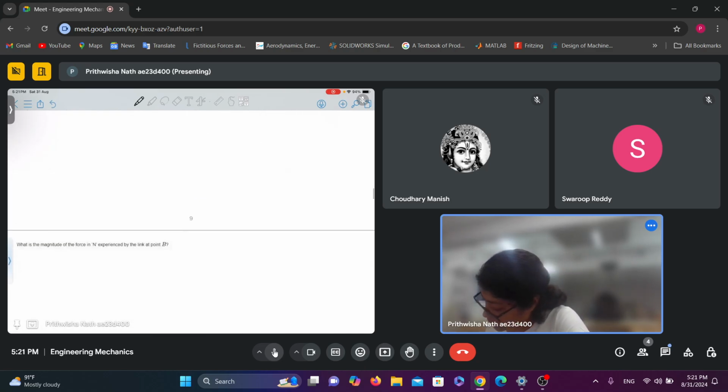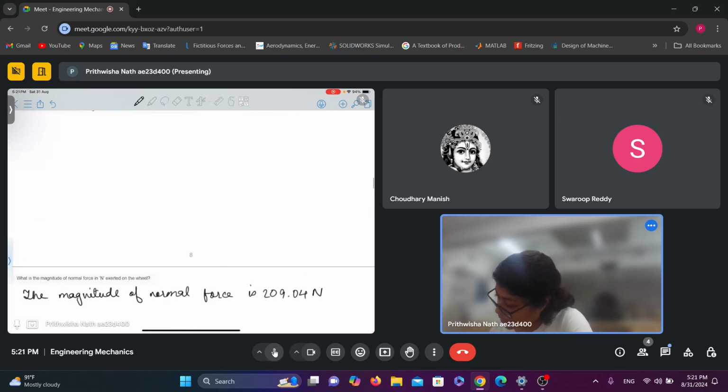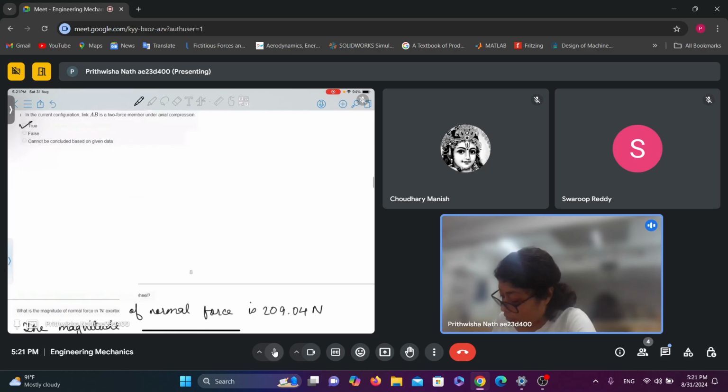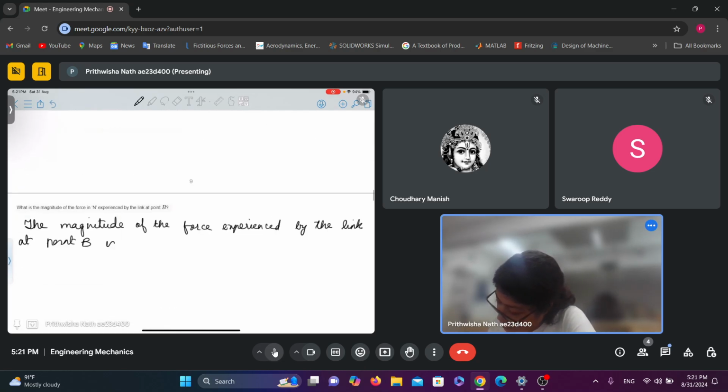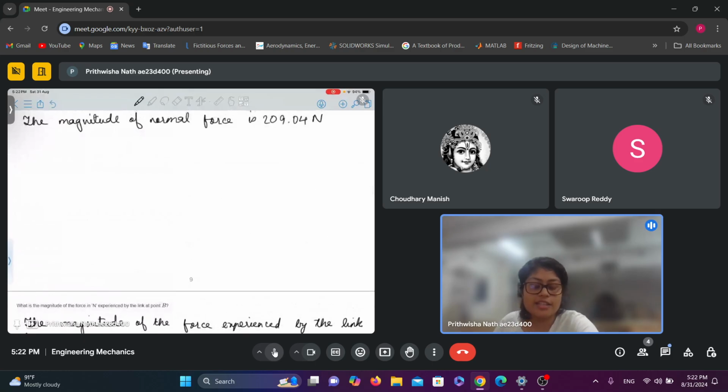The magnitude of the force experienced by the link at point B is 72.41 Newton. Up till this point, are there any doubts? You can ask me if there is any doubt.